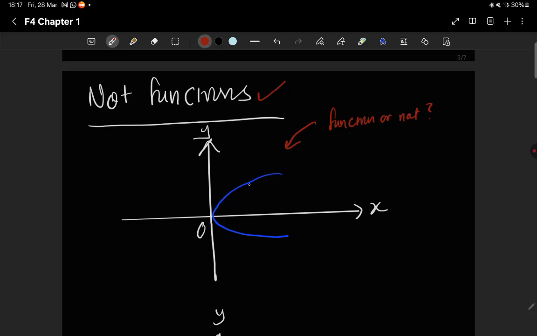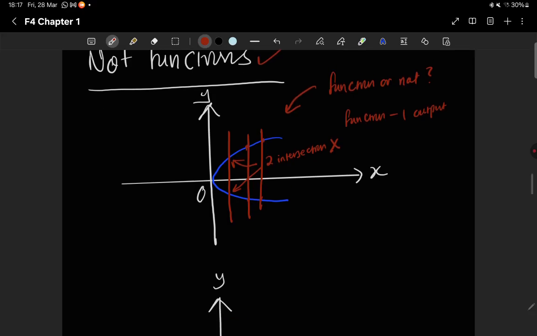If I were to draw a vertical line at any point, notice how it gives us two y values, two intersections. And from what we know, a function can only give one output value. We cannot have two output values. So this is not a function.